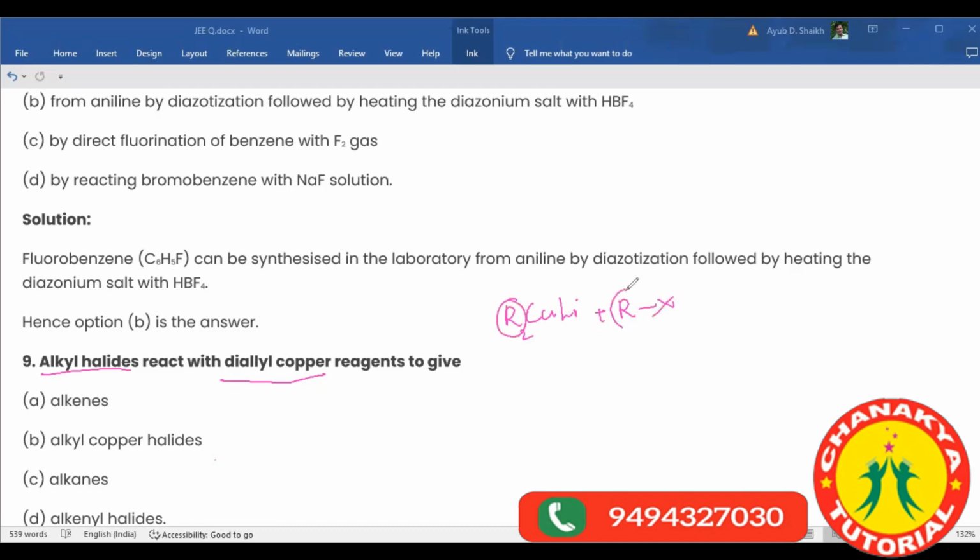This R and this R will come together because this is negative, this is positive. But then here this copper would be positive and this R would be negative. Clear? So this positive and negative R would be combined, they couple with each other to form R-R. We have seen the Wurtz reaction.